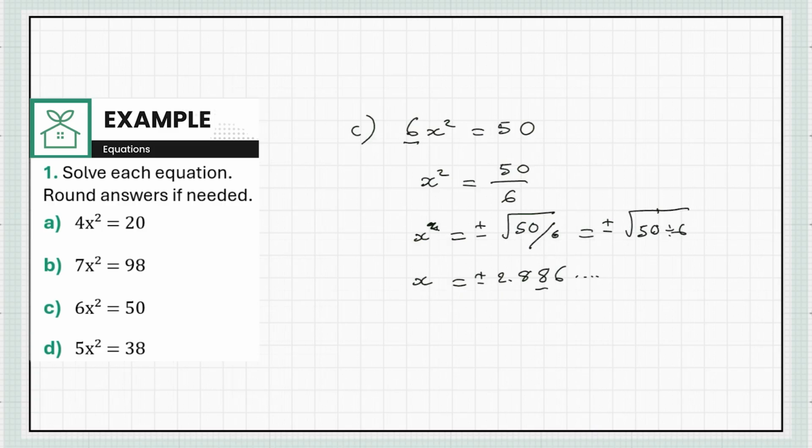Okay, so here's our second decimal place. Now because our critical digit here is greater than 5, we're going to round up. So that means x is going to be equal to plus or minus 2.89, to 2 decimal places.